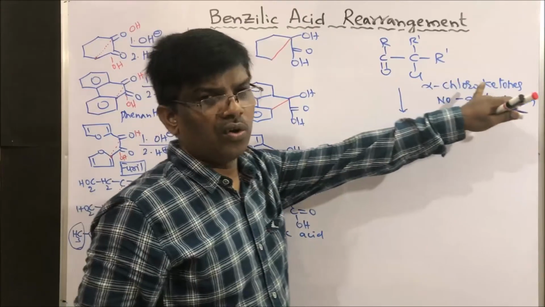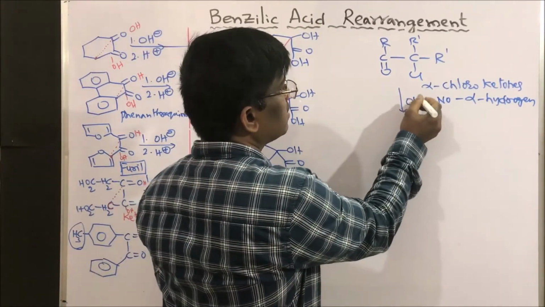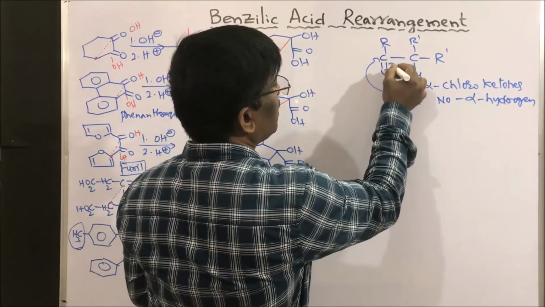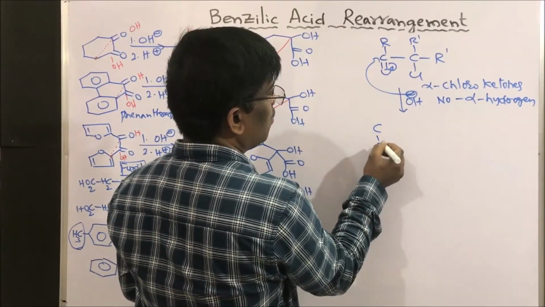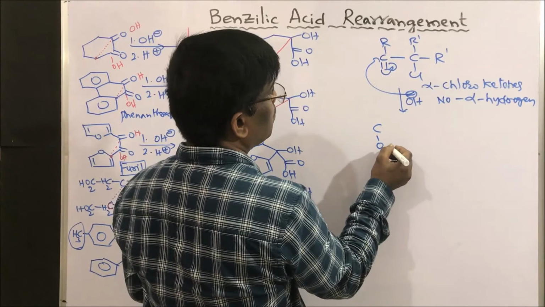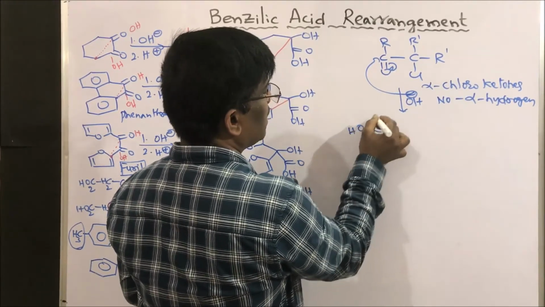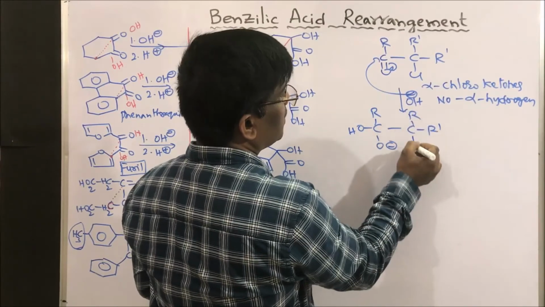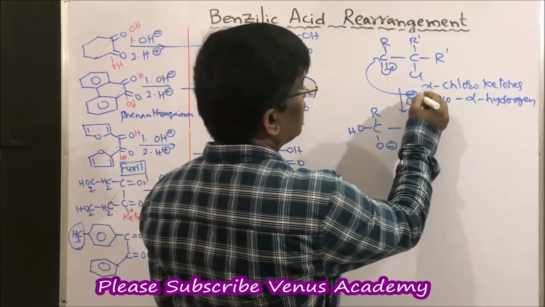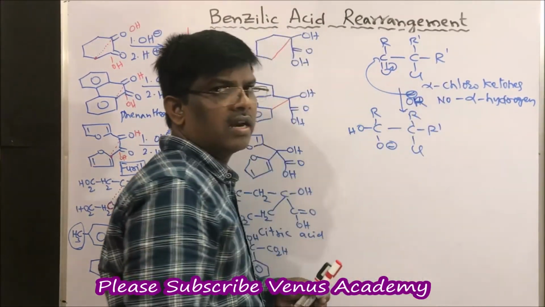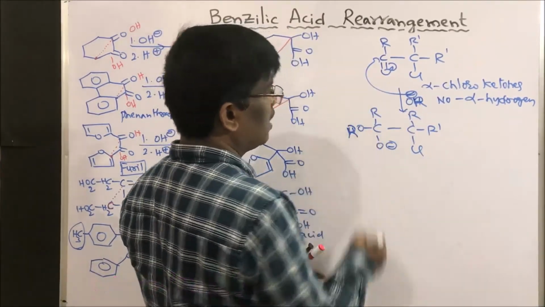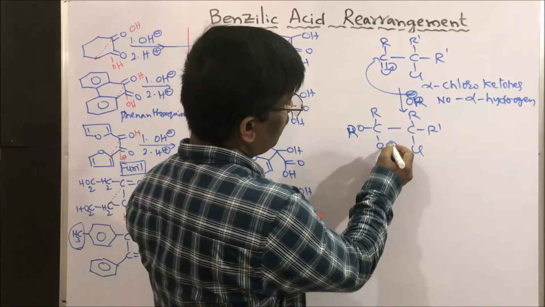Upon this base treatment, it takes up this base to give this. So let us write O minus, OH will be here, and R prime and R prime. This is chlorine. Let us write this R, OR. So it takes up this OR. This is OR. This compound, what happens?